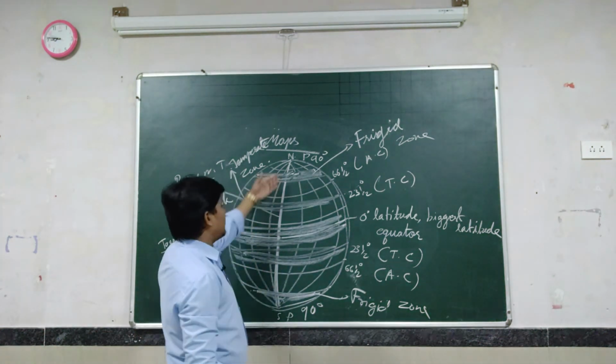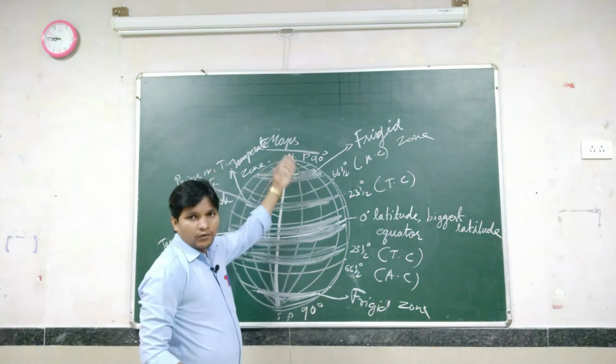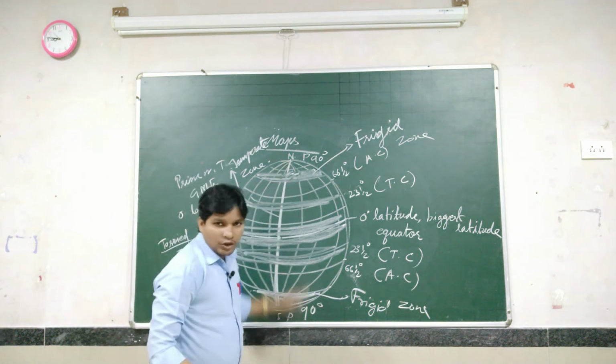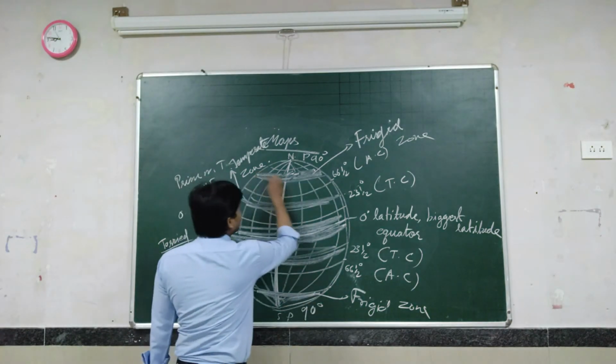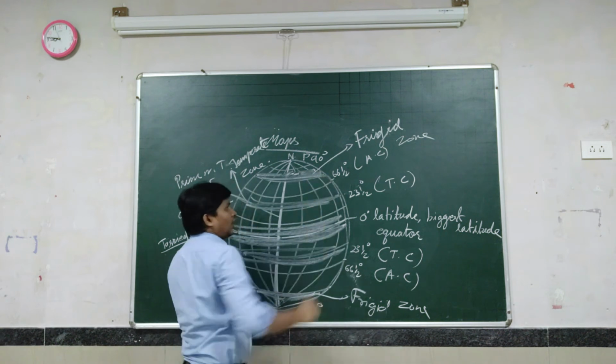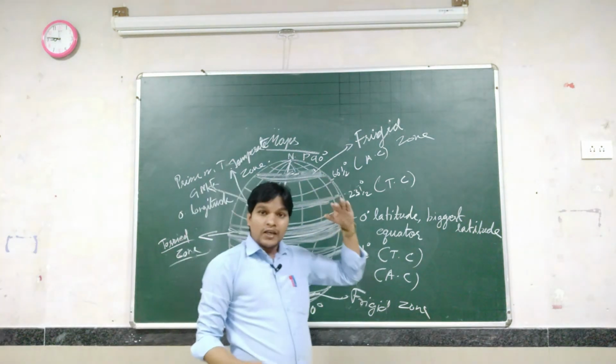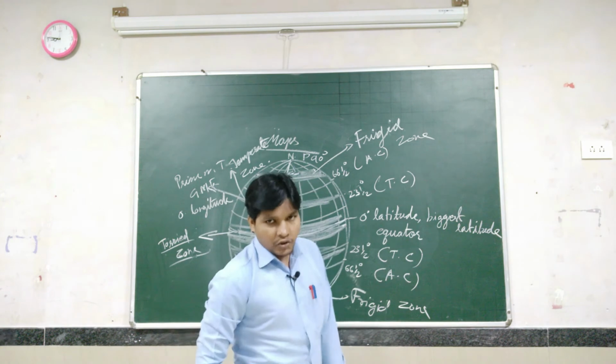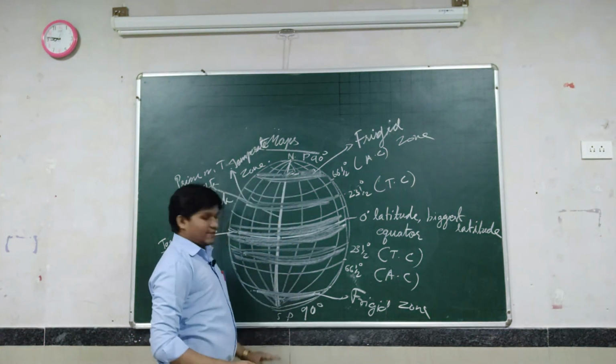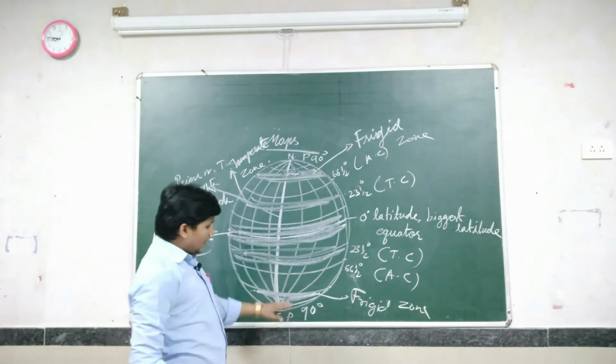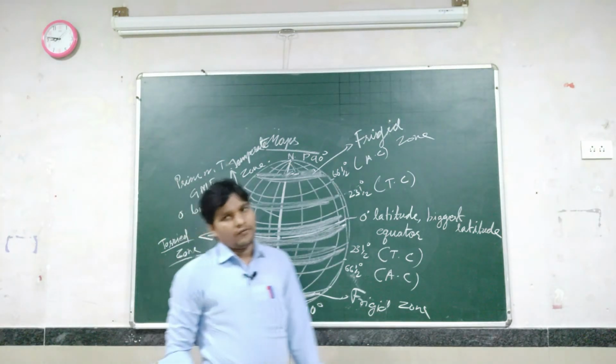The same process applies for both the northern part and the southern part. Both sides of this Arctic circle will come under the freeze zone. The same way on the southern side, the Antarctic circle is totally filled with the freeze zone.